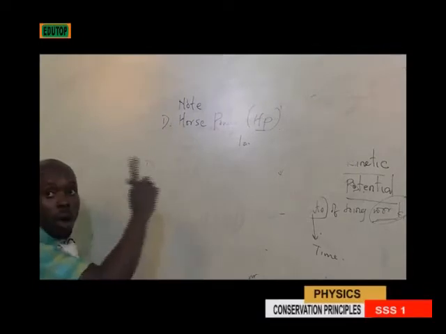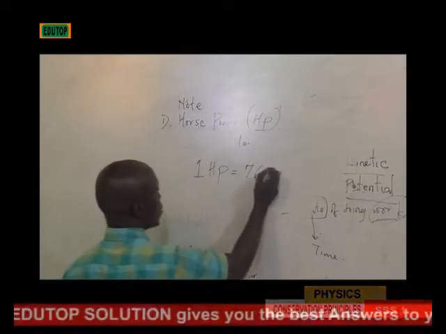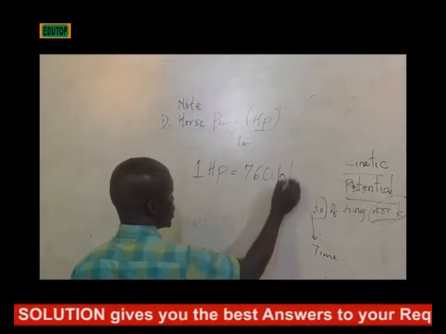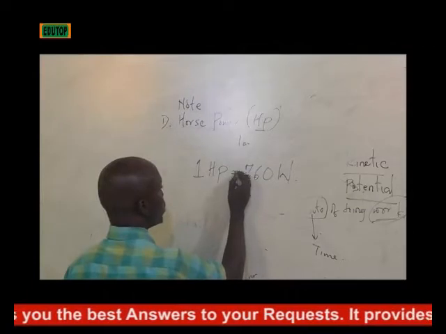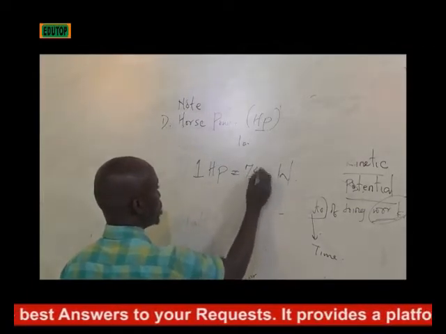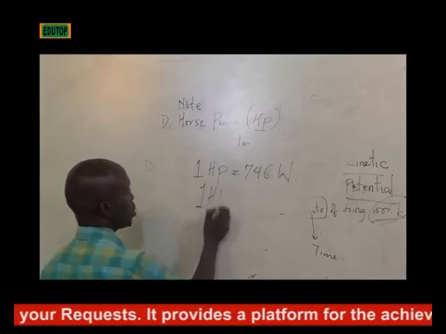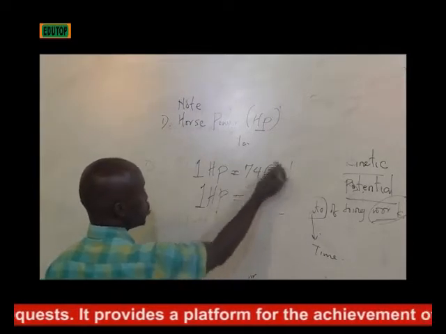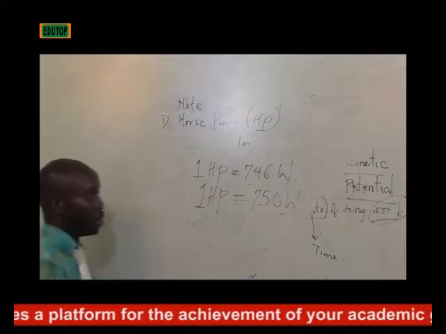What do I mean? One horsepower is approximately 760 watts, or this is the actual figure, 746 watts. So you can say 1 horsepower, if you want to make it a whole number, is 750 watts, whichever one you are using.